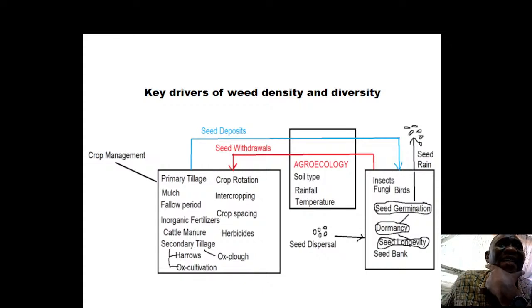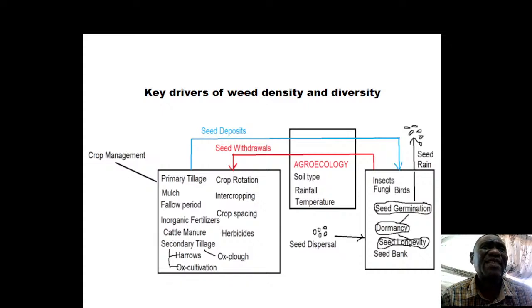Probably this diagram may show all the factors which can affect the weed seed bank. So on our right, where we have this seed rain, we have got the seed bank, and we have got insects, fungi, and birds.